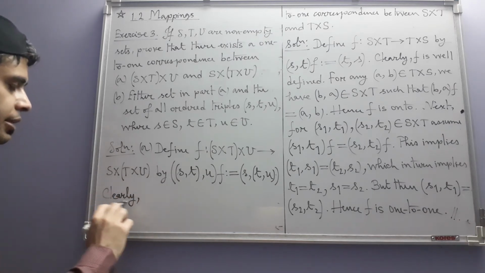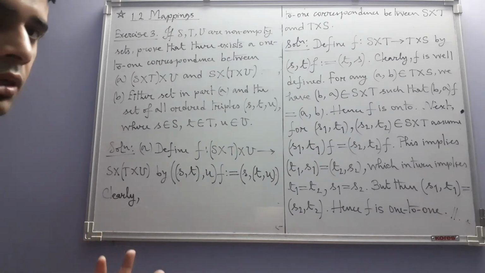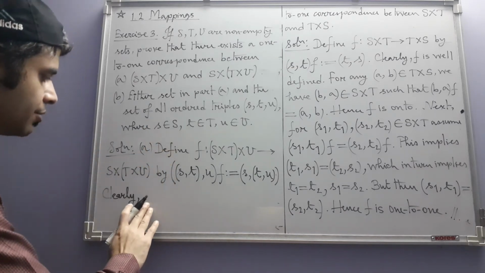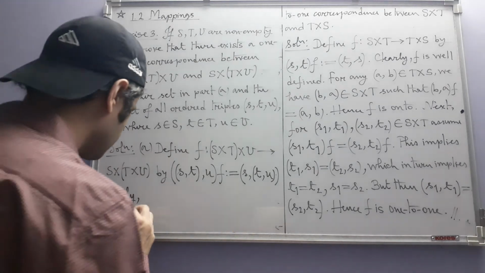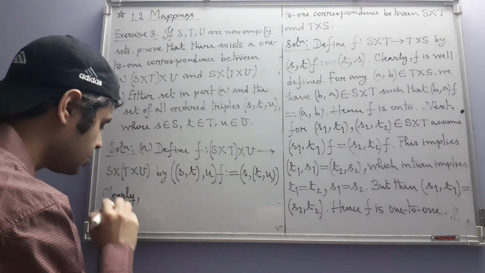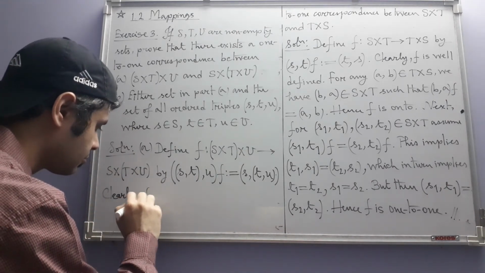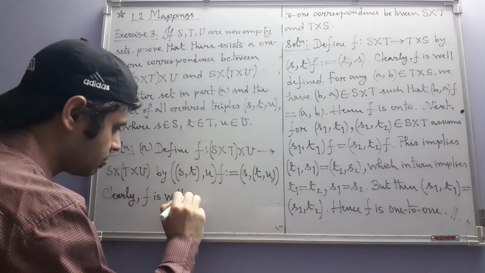We keep on writing clearly because it is clear here. Sometimes it will not be so clear. In those cases, we have to explicitly show that the mapping is well defined. So clearly, F is well defined.